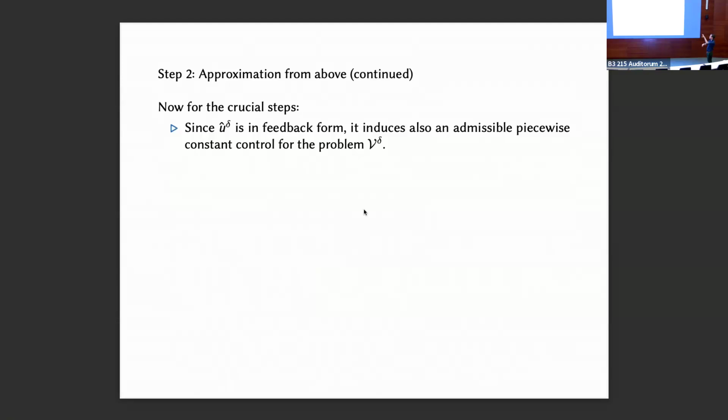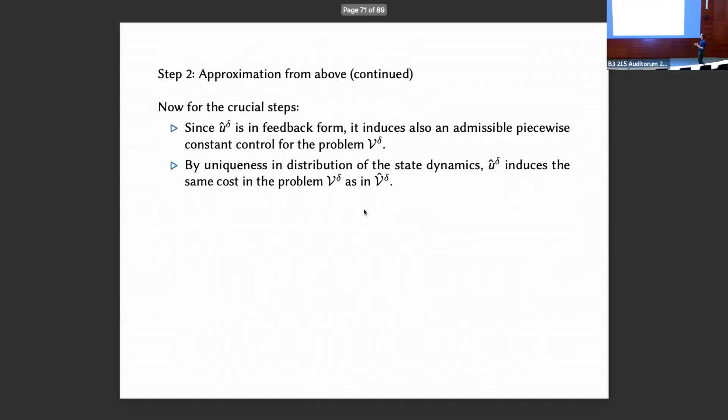We take the function, which gives us that feedback form, and we plug that into the problem with the control-dependent filtration and control-dependent Brownian motion. We can do that just switching out the Brownian motion and the filtration. And that's admissible. And then you have that the SDE has a solution which is unique in distribution.